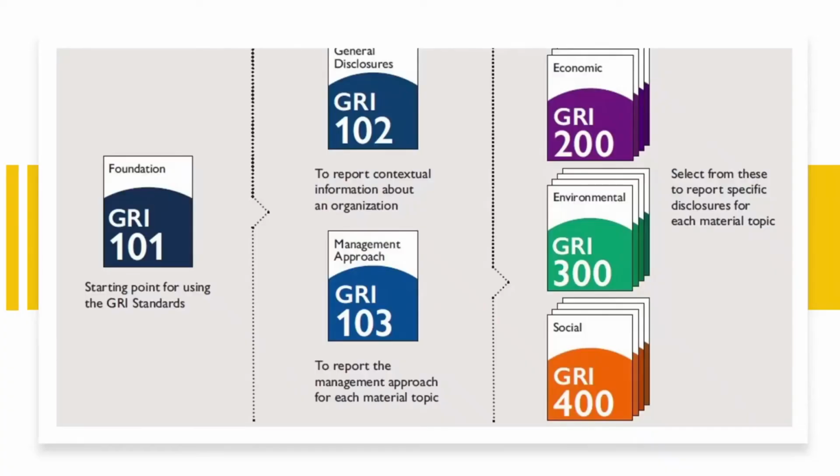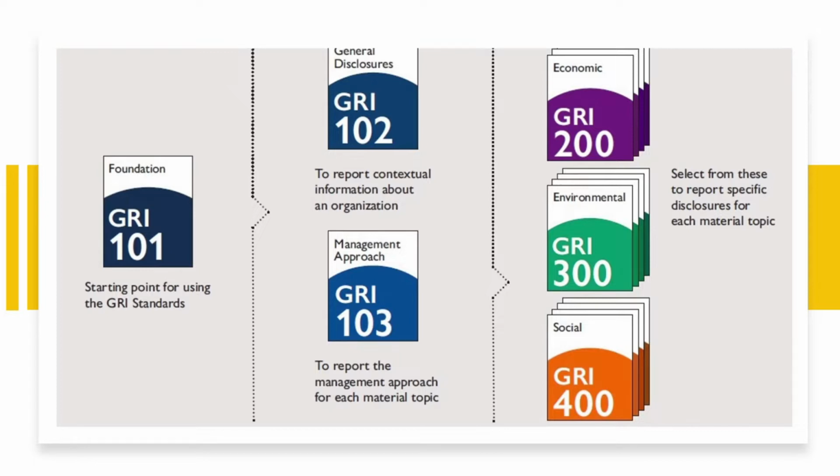It has several aspects in that reporting. The foundation in that framework is the starting point of the reporting. The first aspect is the general disclosures, which start with Series 100.